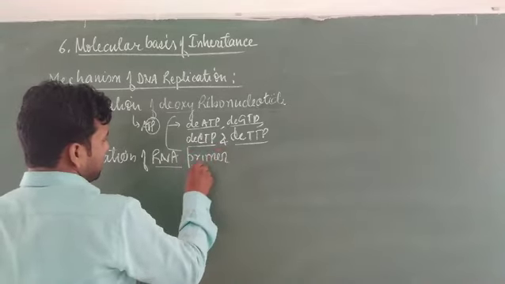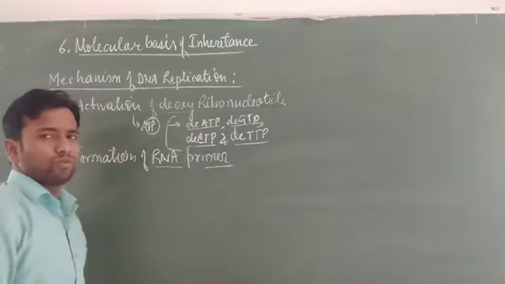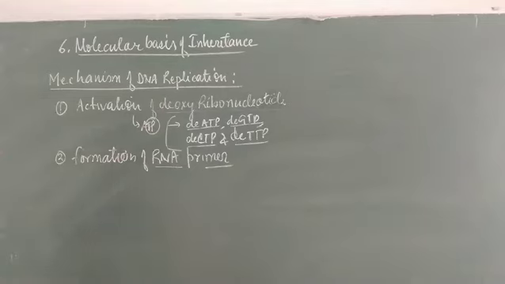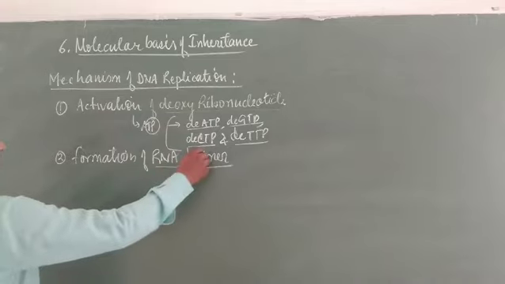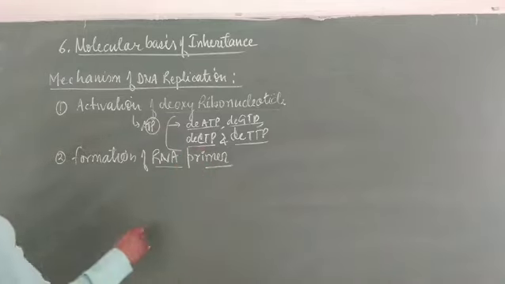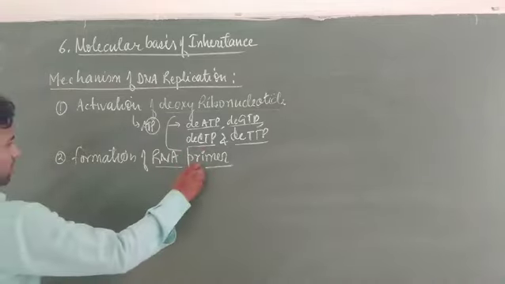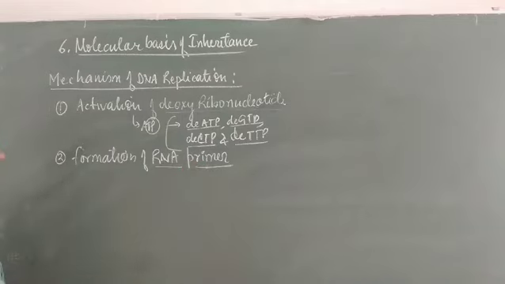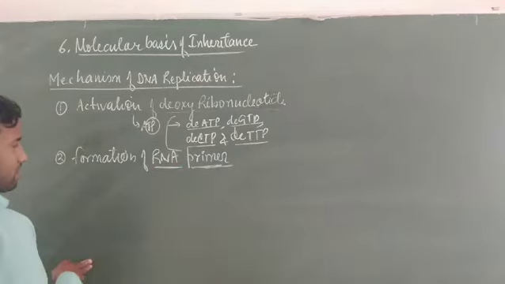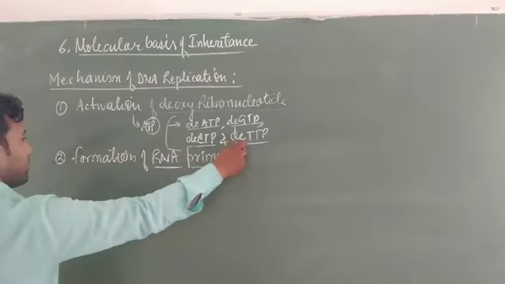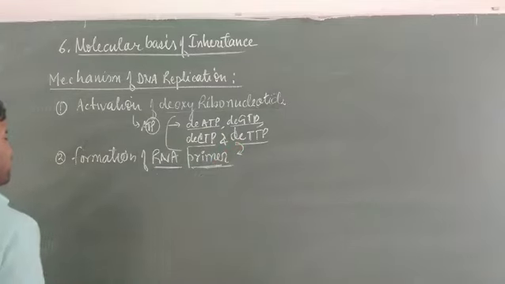It is a short primer of up to 200 base pairs, and these are joined with the open fork of the DNA strand, each and every one. Further it is replaced by the enzyme DNA polymerase. Again deoxyribonucleotides are joined: the activated nucleotides replace the RNA primer.